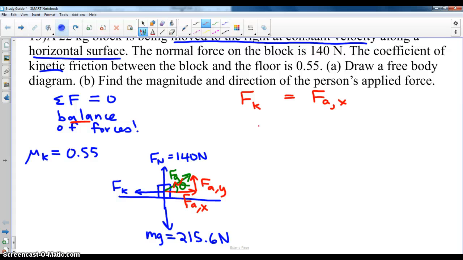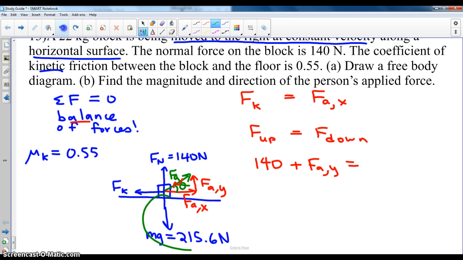Then we also can balance up and down. Right? So what pulls up? Well, I look at my picture, I see this one, 140, and that one, Fa comma y. So let me put in 140 plus Fa comma y. What pulls down? Just mg.